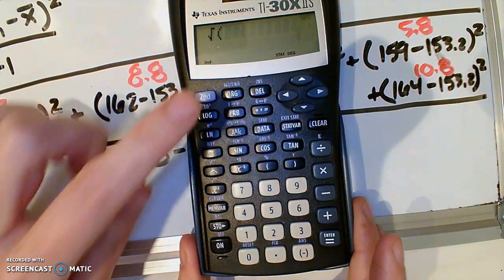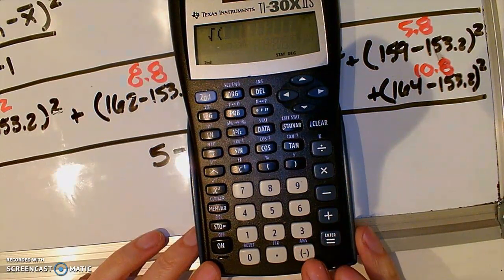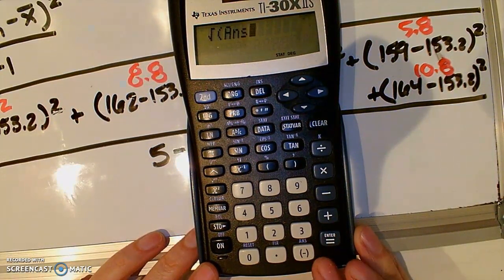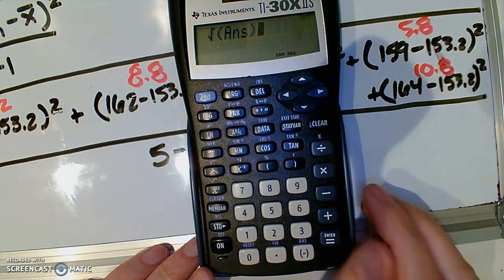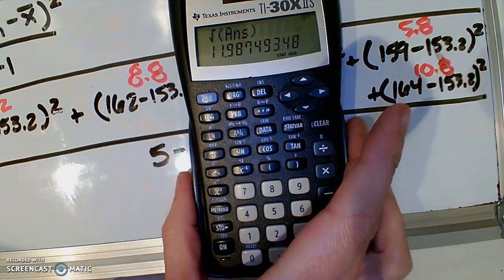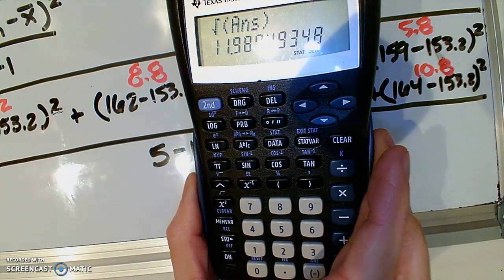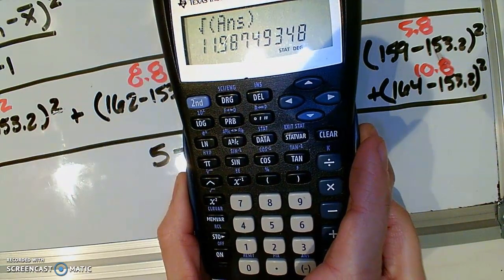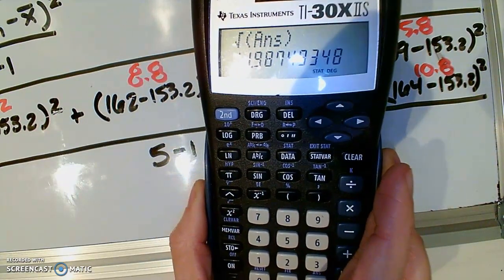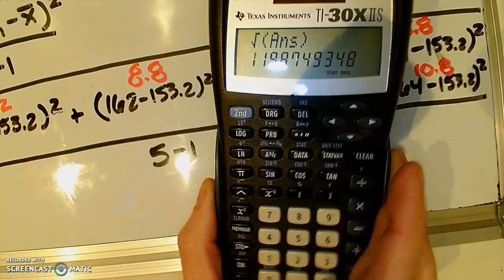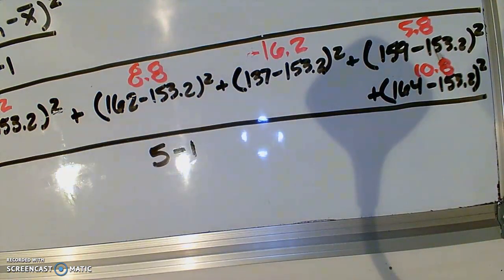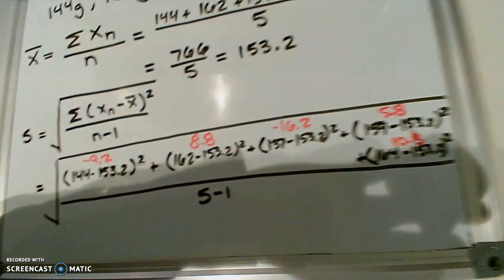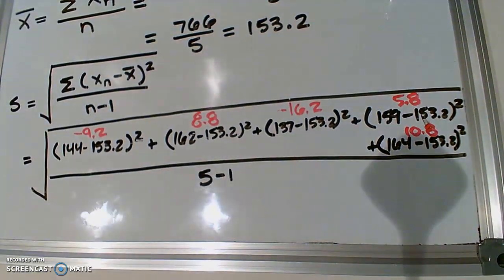So again, I push second, and then I push answer here. So above the negative is the answer that I just had. And then I say equals. And that means we have 11.98749. So that is what our standard deviation equals. So let me write that down on our board here. Give you guys back the full screen.